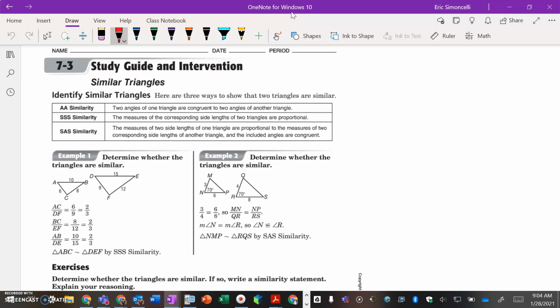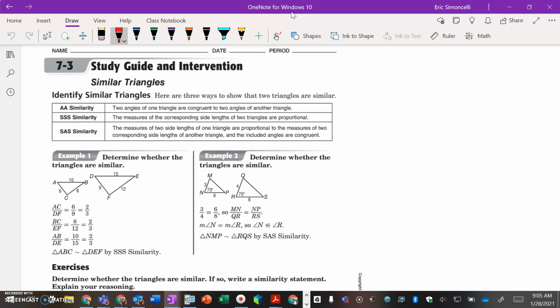So BC is 8, and EF is 12, and 8/12 is also 2/3. Fantastic. We've got two fractions that appear to be what the scale factor will likely end up being. Let's make sure the third corresponding side ratio is the same.